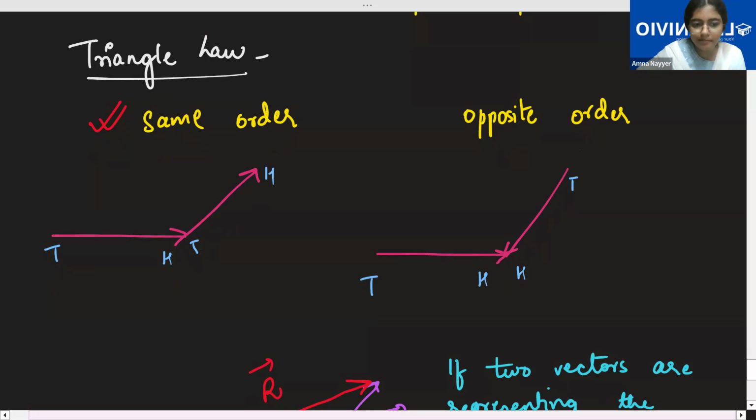Ma'am, in chapter 1, units and measurement, we didn't complete the significant figures. Yeah, for significant figures, I'll share a PDF with you because significant figures is just a theoretical part. I have the table with me. I just have to discuss it with all of you. I've typed it. I'll just share the PDF. So before your test or next week, we'll just discuss. Or tomorrow also we can discuss. Okay, ma'am.